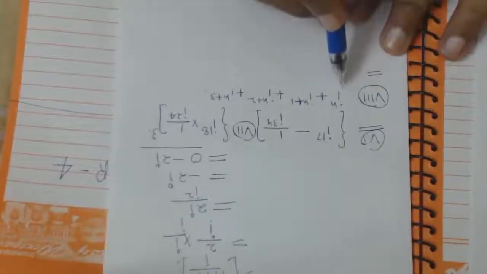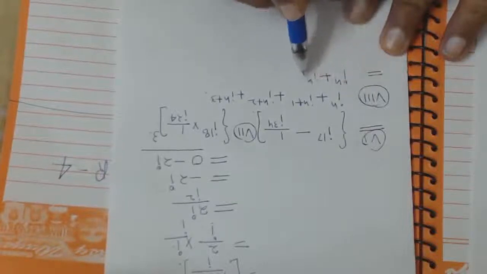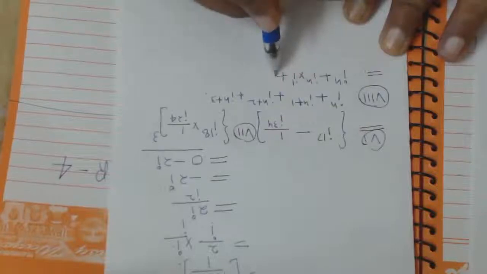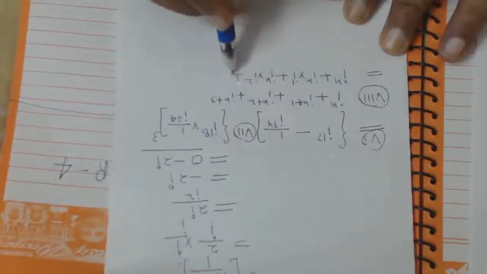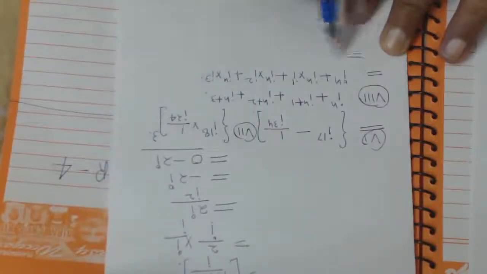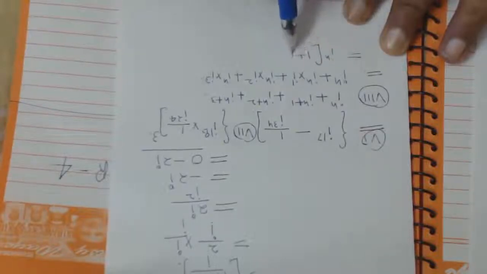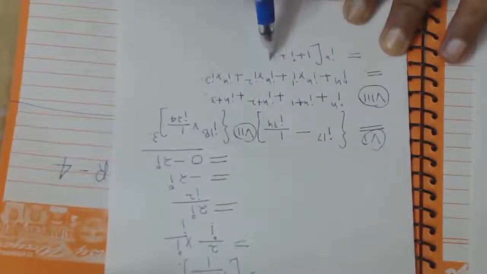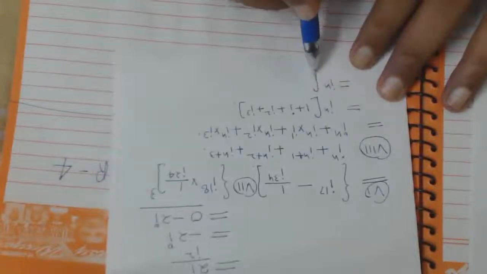Okay, now see this. Iota raised to the power n, iota raised to the power n into iota raised to the power 1, iota raised to the power n into iota square, iota raised to the power n into iota cube. Take iota raised to the power n as common. It will be 1 plus iota plus iota square plus iota cube.